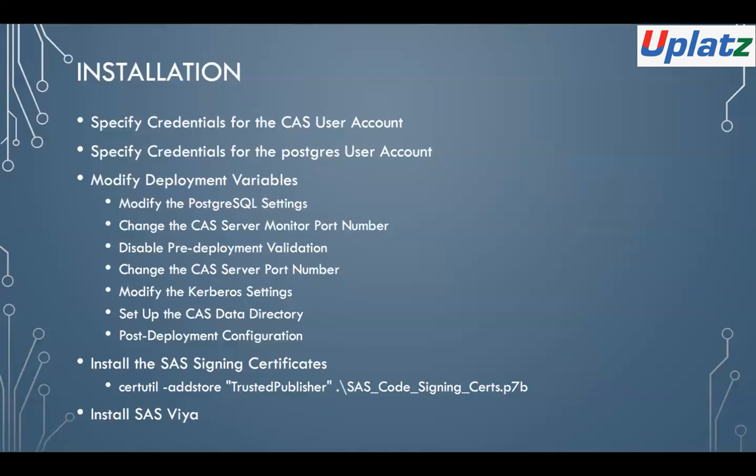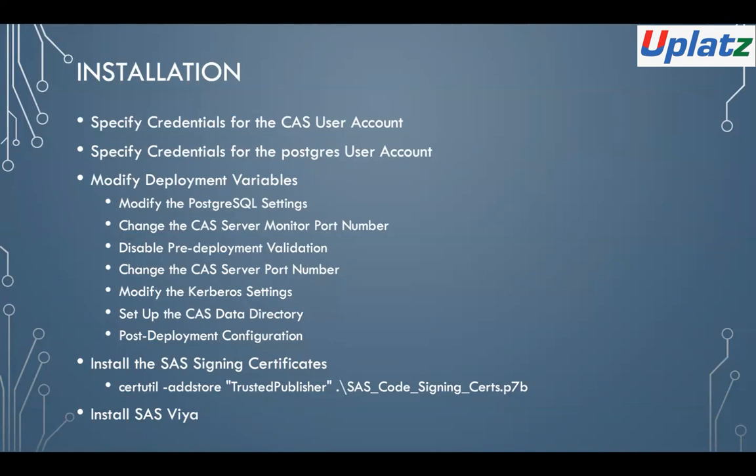How we are going to do that is we will execute the below command using the administrator options, like Set-Util add store trust publisher, SAS code signing certificate .p7b. So this option will enable us to trust the SAS signed certificates.